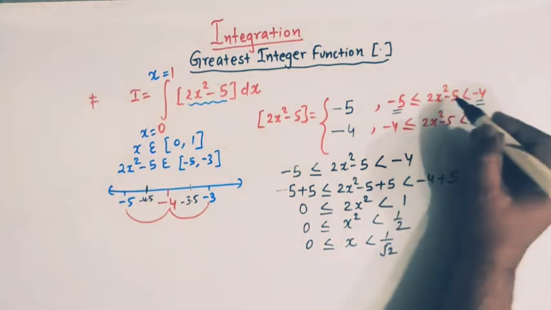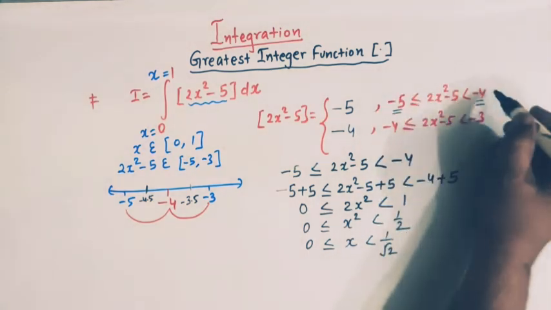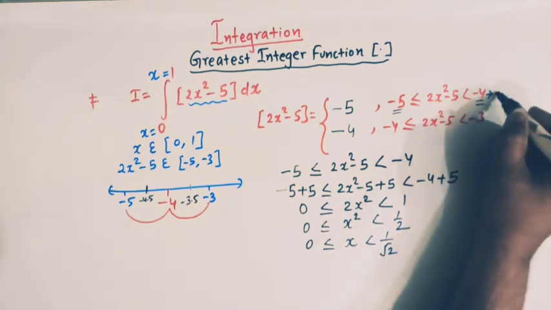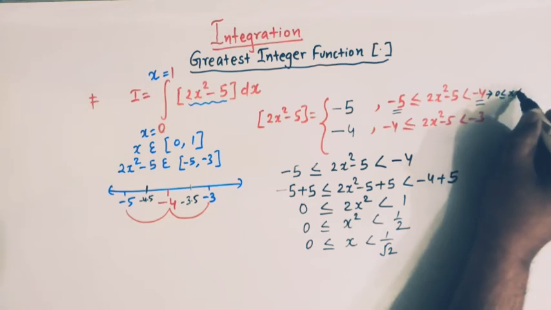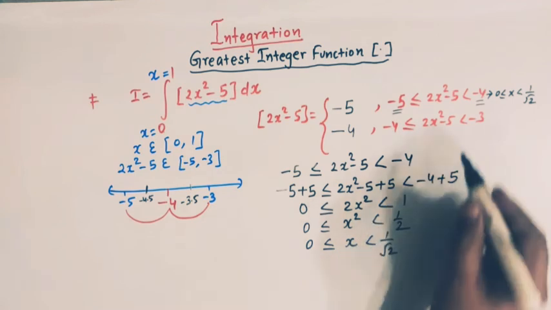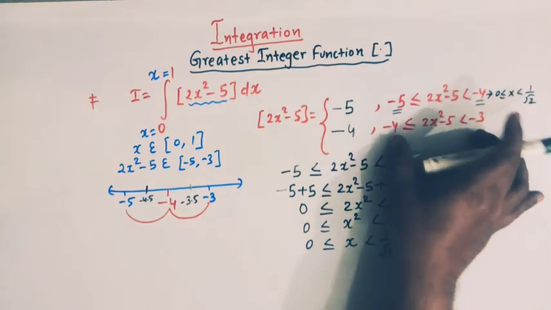Clear? So this inequality is now equivalent to 0 less than or equal to x, but less than 1 over a square root of 2. Clear? Similarly, we'll solve this inequality.